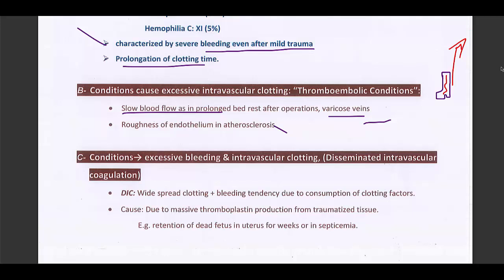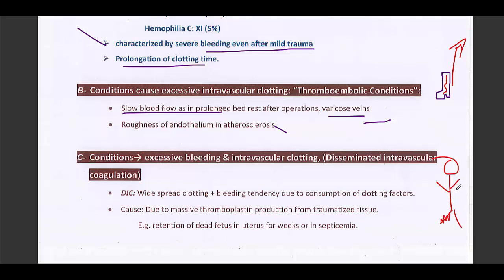Simply, if you want to imagine this, the full human body is the main character. Let's imagine this person: all the clotting factors inside his body, all the main platelets, stuck in his leg.